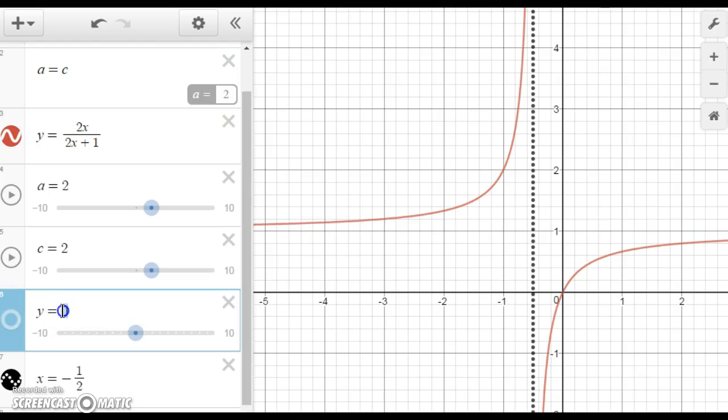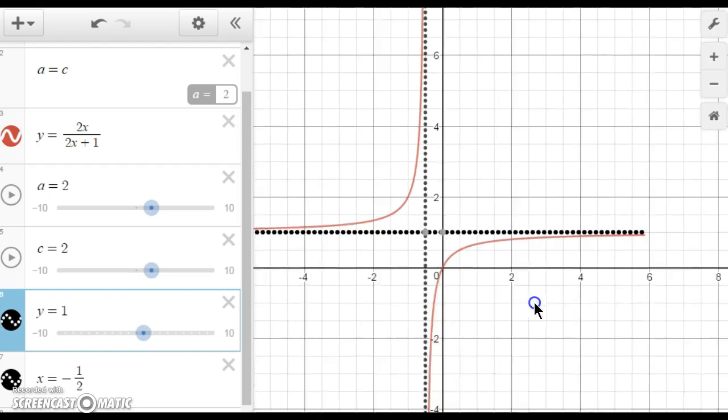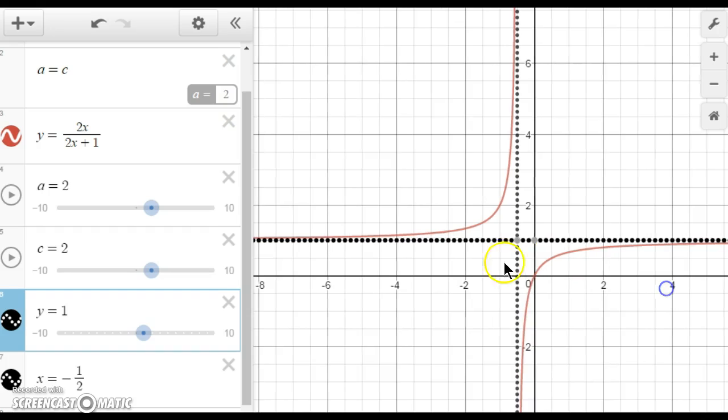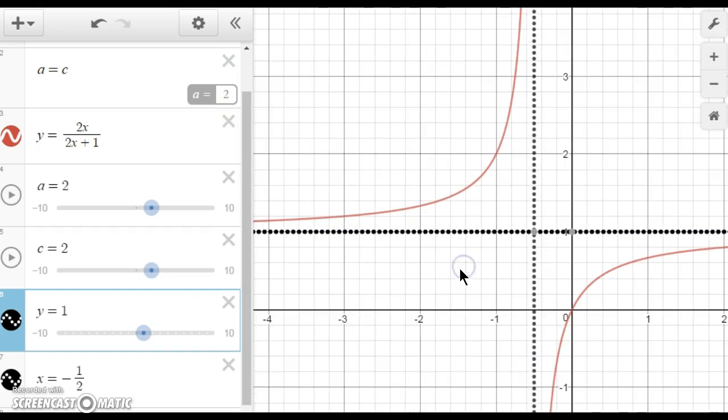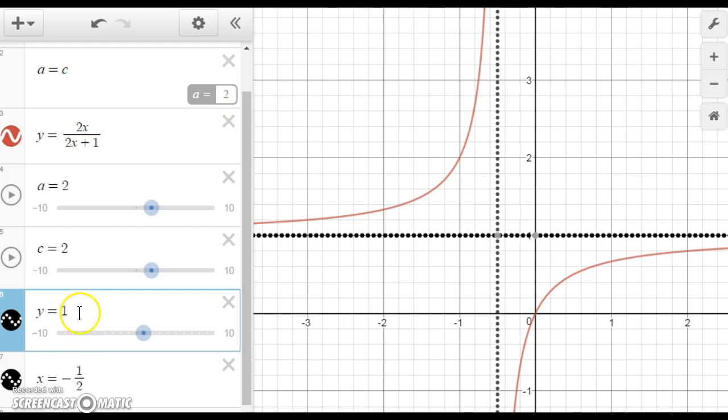So let's try to change that. My y is equal to 1, and let's show it. Let's zoom out, and it seems like that's pretty accurate. So that's where my horizontal asymptote is. Now, is there another way to find this 1 just from the equation?